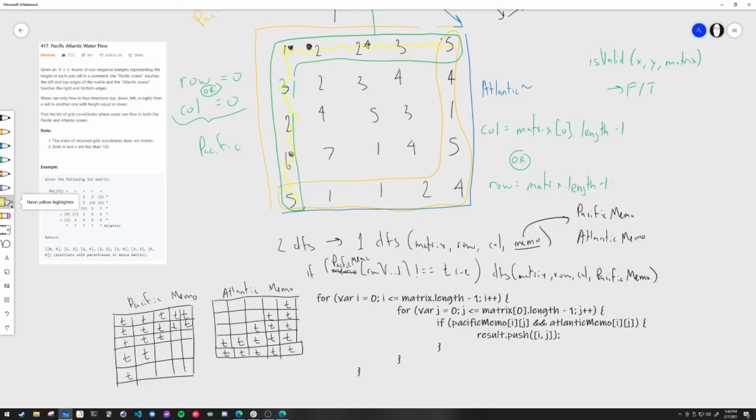So I had 2 different for loops going through row 0 and column 0. And then I had 2 more for loops after that going through the last column, and then another one going through the last row. And respectively, they change the correct memo.